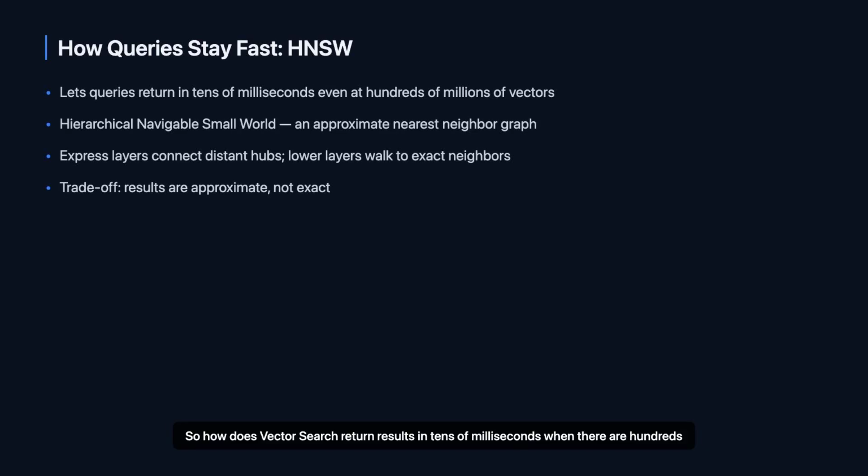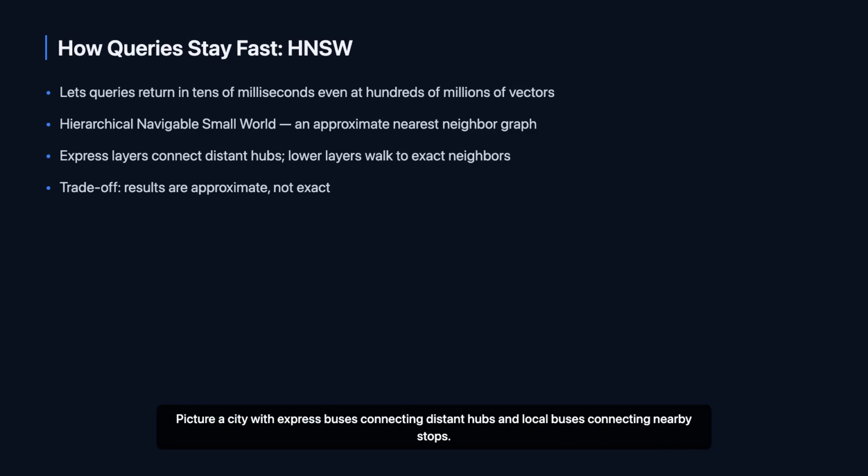So how does vector search return results in tens of milliseconds when there are hundreds of millions of vectors to search? The algorithm is HNSW, Hierarchical Navigable Small World, an approximate nearest neighbor graph. Picture a city with express buses connecting distant hubs and local buses connecting nearby stops.